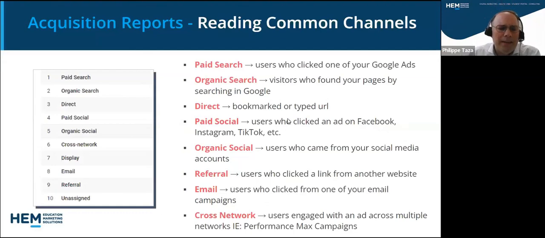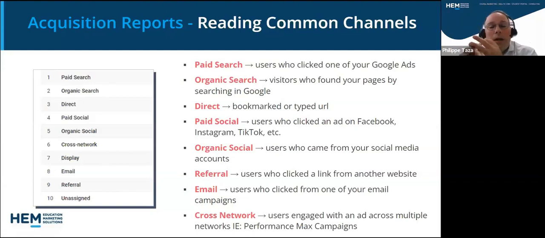The other part of the definition aspects that I want to share today are some of these channels. You'll notice that this taxonomy of channels will be visible in some of the acquisition reports. So you have some definitions. Some are the same as the other Universal Analytics version, like paid search and organic search, but some are new.